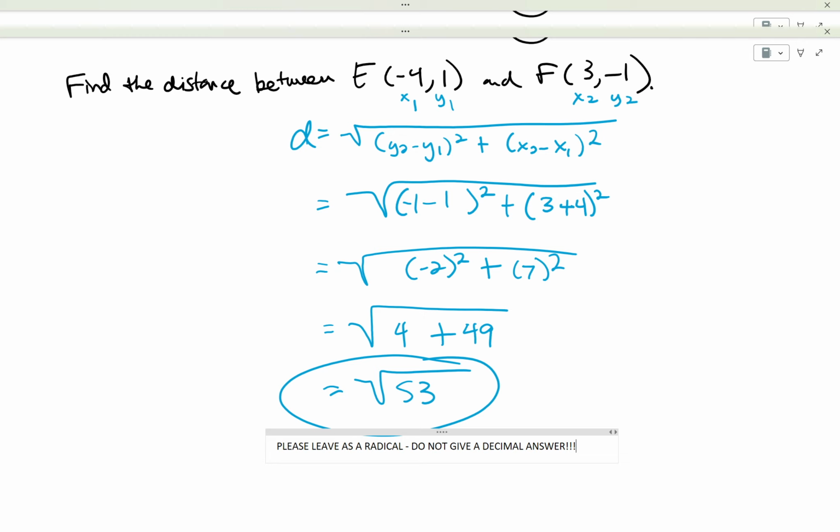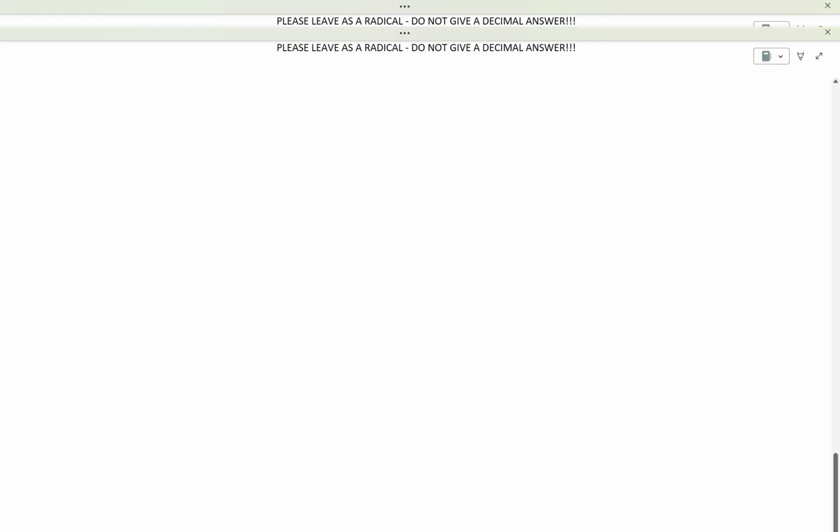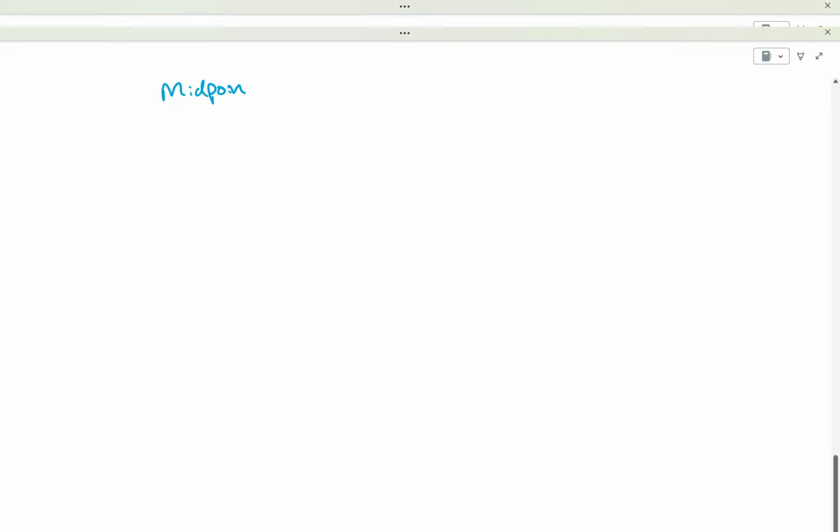Okay, midpoint formula. The midpoint formula. Pretty straightforward. You're going to take the average of the x's, comma, the average of the y's.